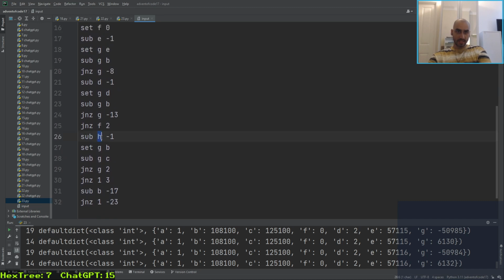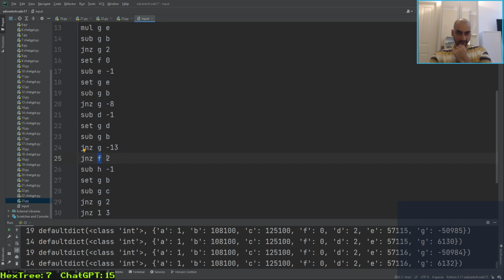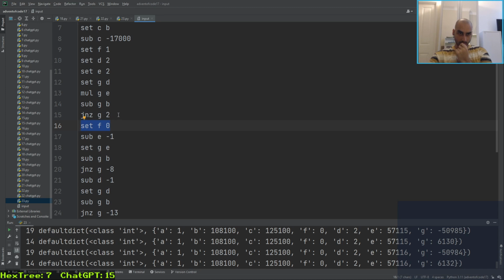So the only time h will ever be altered, ever, will be when f is 0 here. For f to be 0 here, we have to have this line executed. And for this line to be executed, we need g to be 0.